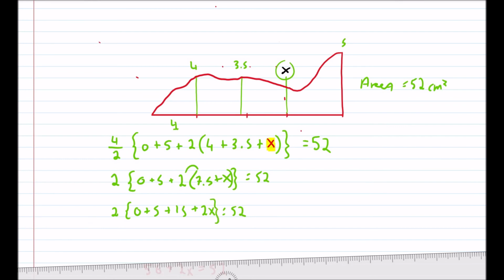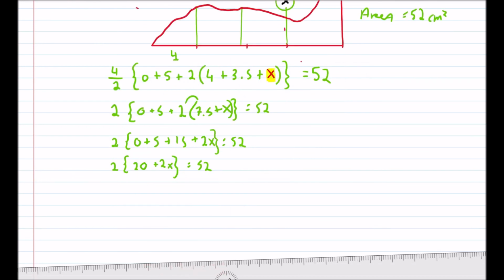Okay, so now we can add whatever together. So 2 outside the brackets, 5 and 15 is 20, plus 2x equals 52. So now we will multiply what's inside the bracket by what's outside, so we get 40 plus 4x equals 52.